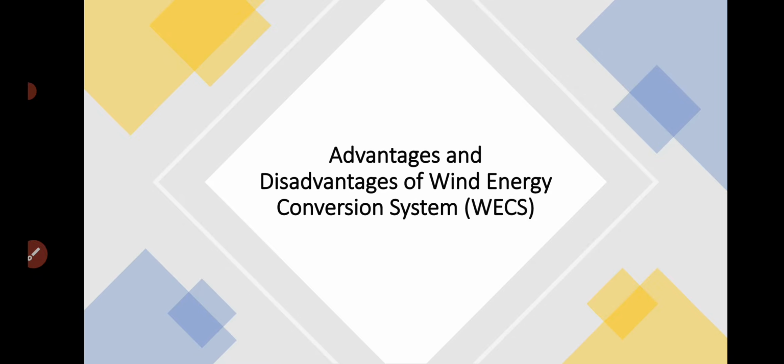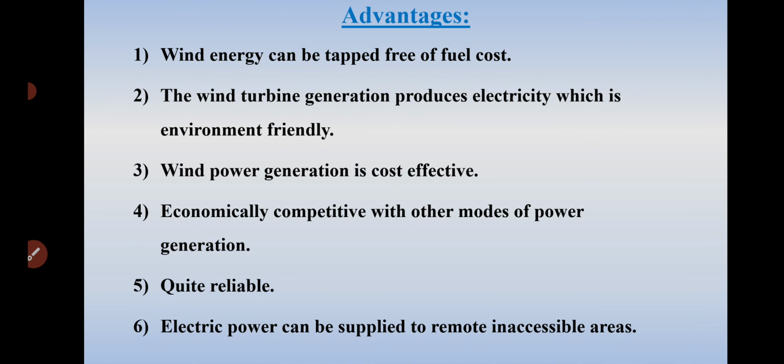So now we have the advantages and disadvantages of wind energy conversion system. First of all, we can check some advantages of WECS. Some of these points I think all of you are already aware of. Firstly, the wind energy can be tapped free of fuel cost, isn't it? It does not need any fuel. The wind is rotating the rotors and we are getting energy.